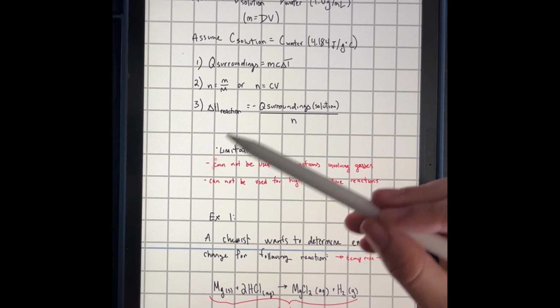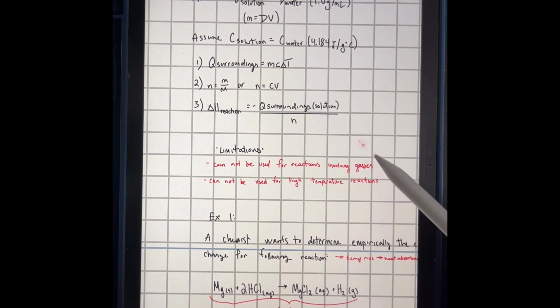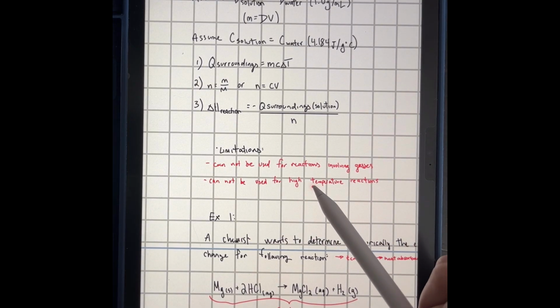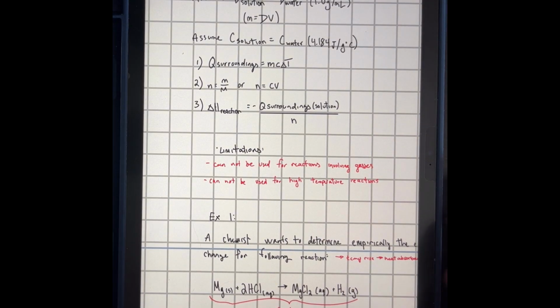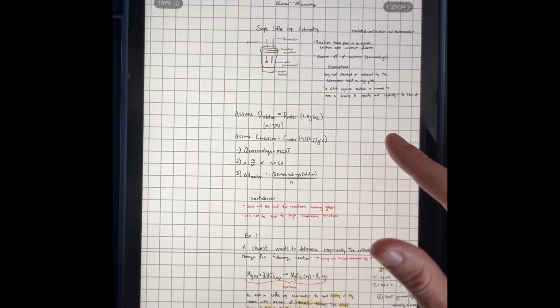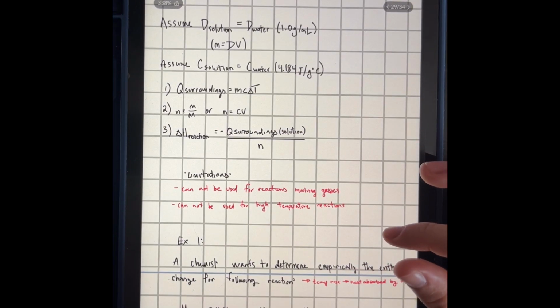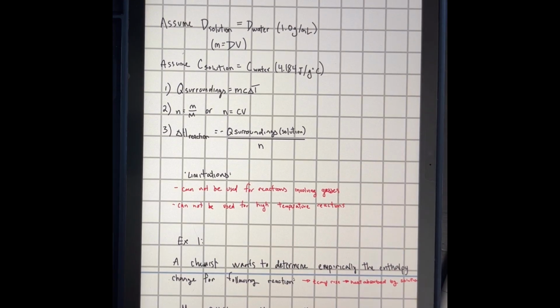so this cannot be used for reactions involving gas and cannot be used for high temperature reactions. Why is that? I don't know. Why can calorimetry not be used for reactions involving gas? That's something I'm going to search up.